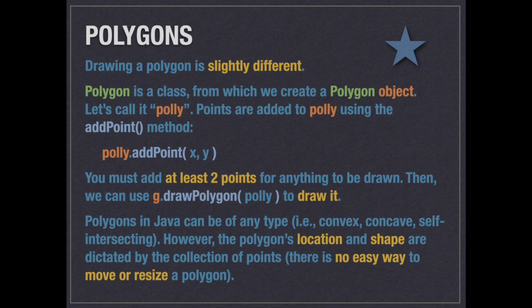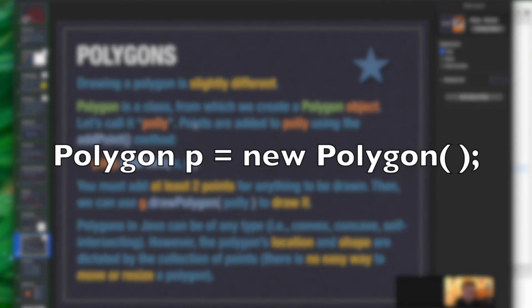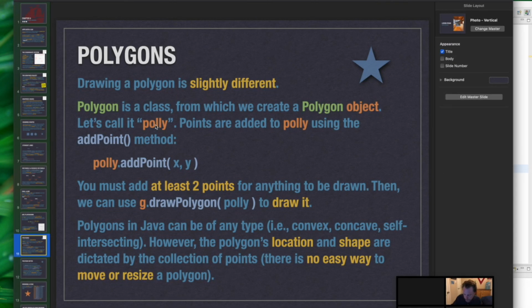To get that kind of additional complexity, though, we use a class called Polygon. So there's capital P Polygon, and it's a class. We'll create a polygon object using the new instantiation syntax. One of the things I have a tendency to do in these examples is say Polygon p and work with it as p, but then I also have the panel, which I sometimes call p, and then I have two ps.